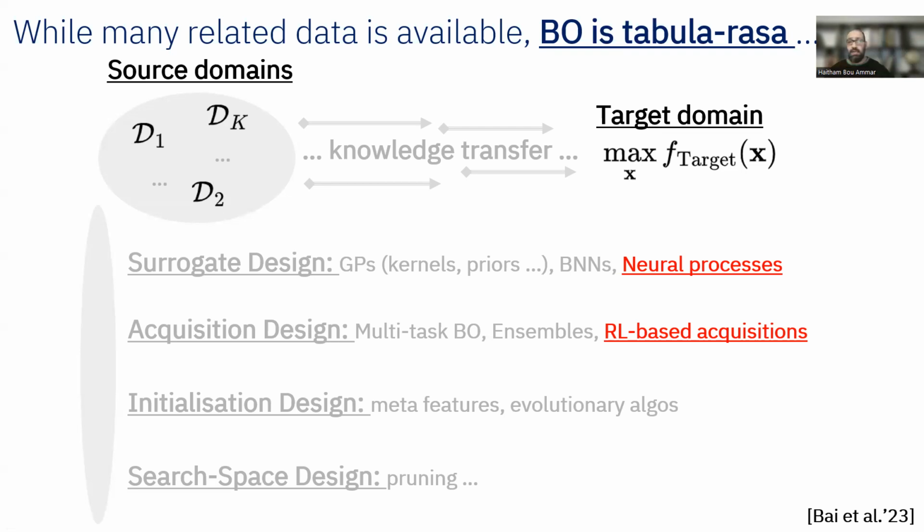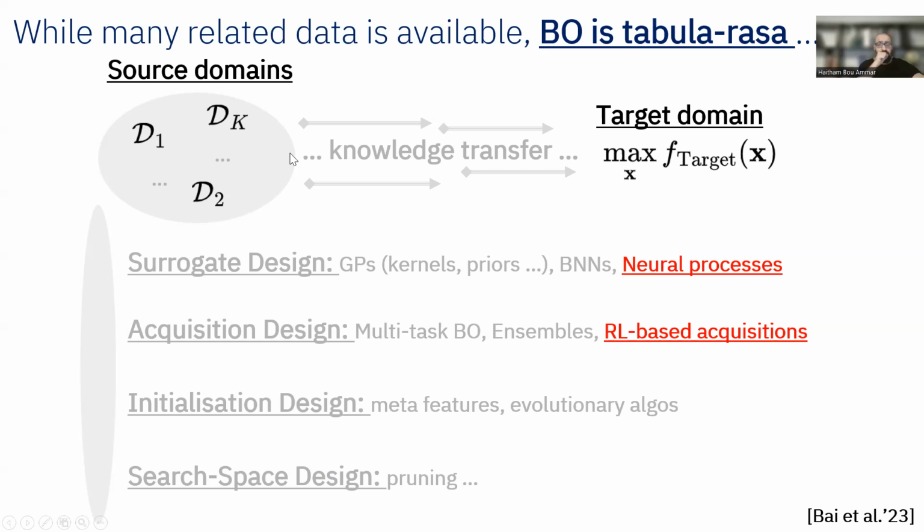Well, the data is looking like this: x, f(x). For hyperparameter tuning, hyperparameter values and their corresponding validation loss; for antibody design, binding energies of a CDR sequence on one antigen. So we have K of those problems, so we have K of those data sets, D1, D2, up to Dk.